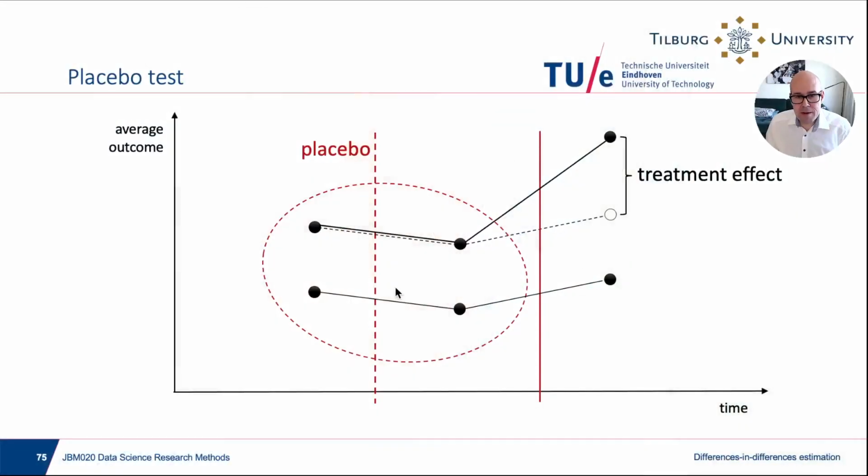When I use a specification in logs, and this is something that I've explained in more detail in another video with the title Econometrics for Data Scientists, then the slope in the figure will be a percentage change in the outcome.